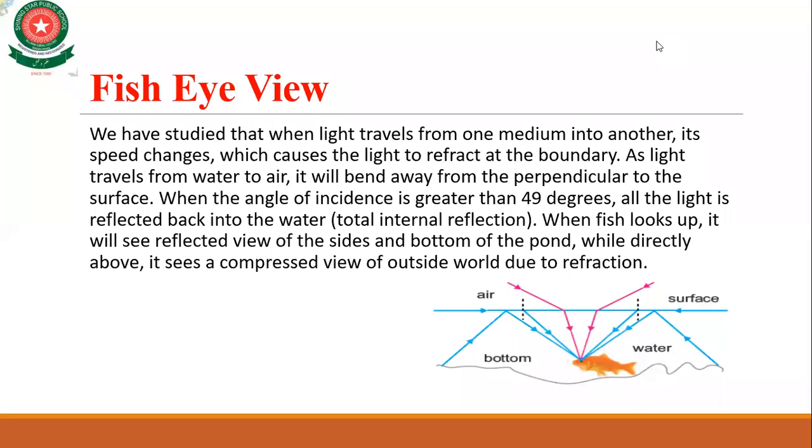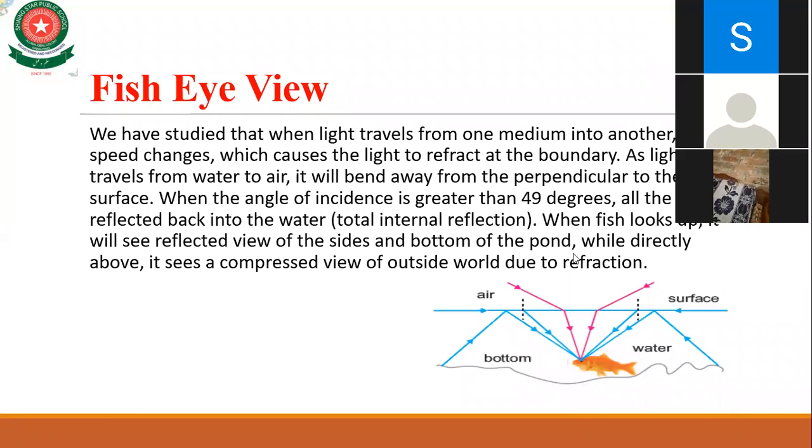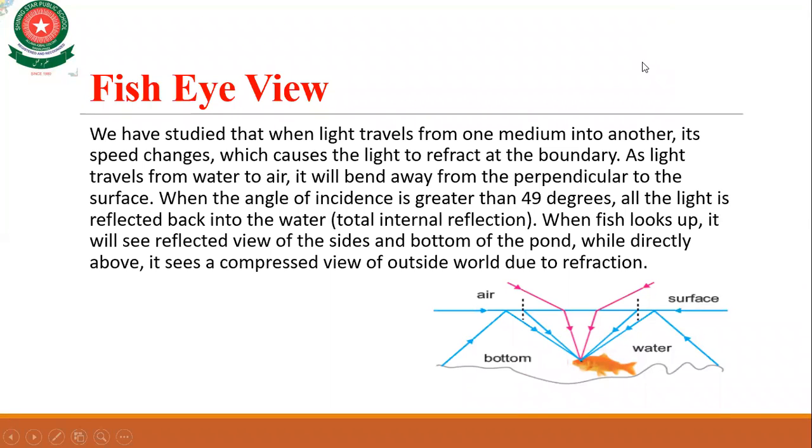As light travels from water to air, it will bend away from the perpendicular to a surface. When the angle of incidence is greater than 49 degrees, all the light is reflected back into the water, which causes total internal reflection.